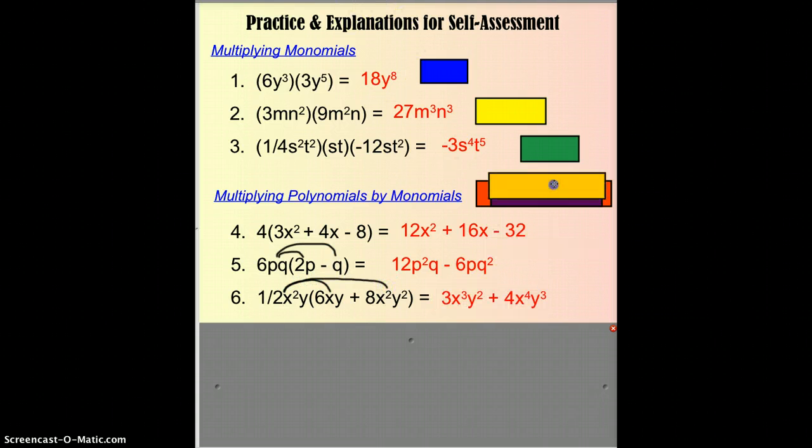You should have gotten 3x cubed y squared plus 4x to the 4th y cubed. 1/2 of 6 is 3, x squared times x is x cubed, and y times y is y squared in the first term. Then, I know I have a positive times a positive giving me a positive. 1/2 times 8 is 4, x squared times x squared is x to the 4th, and y times y squared is y to the 3rd.